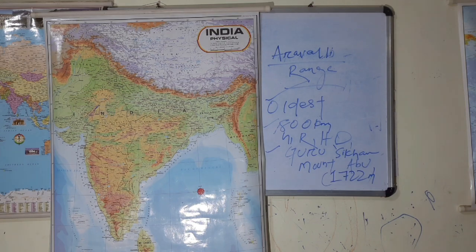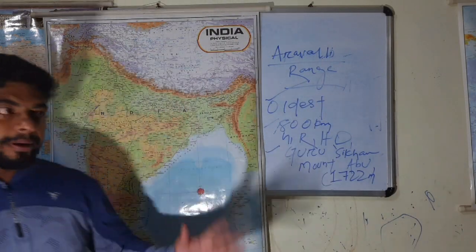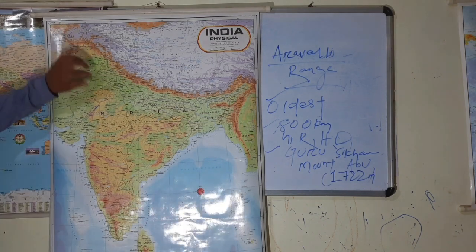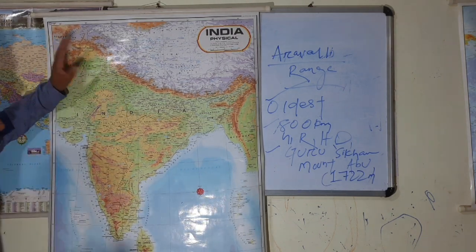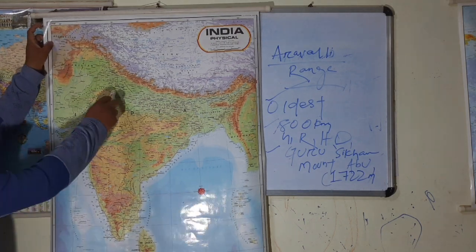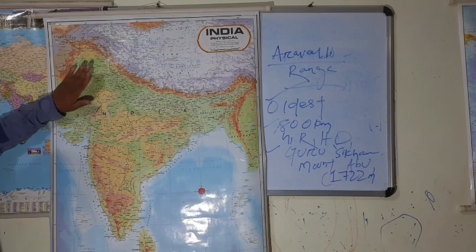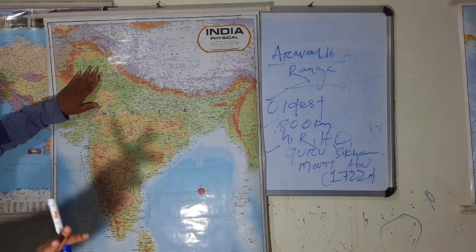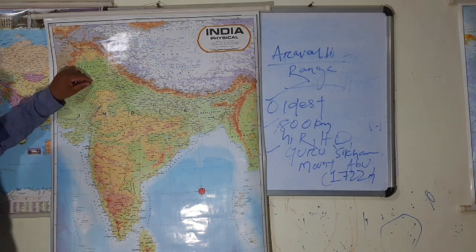In fact, Aravalli is also called the line of peaks. So we have understood about the Aravalli range, that it is the oldest range in the entire world. Okay, it extends around 800 km from Gujarat to Delhi and is mainly spread in Rajasthan, and it is very important because it prevents the desert area from spreading to other parts.